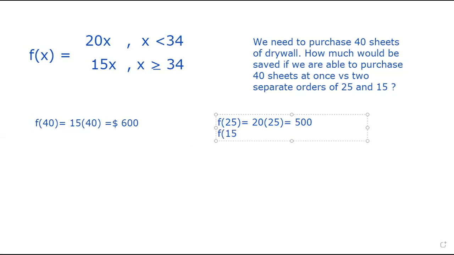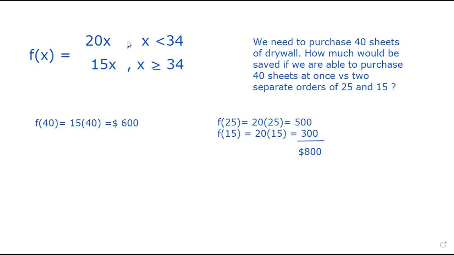Then the second order would be f of 15, which would be 20 times 15, which would be 300. So in this case, we would spend $500 on the first order and $300 on the second order. That would be a total of $800.